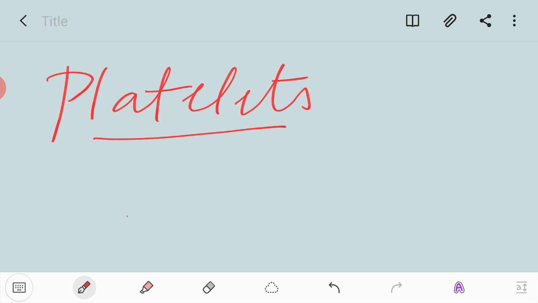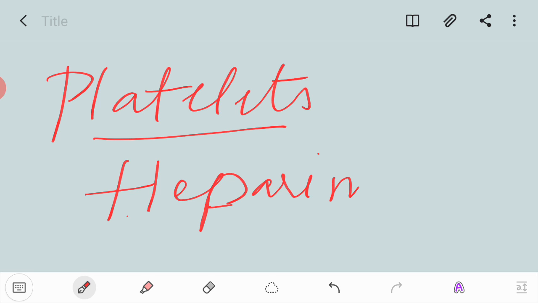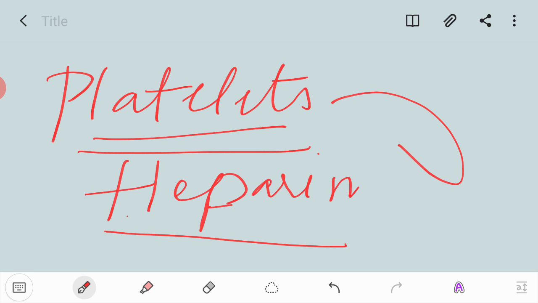But there is also heparin, which will allow the blood to flow. Platelets help stop the blood from flowing. Heparin is the opposite of this. It does not allow the platelets to stop the flow of the blood. It will let the blood flow.